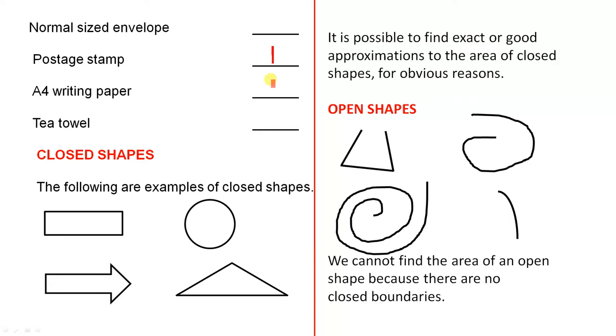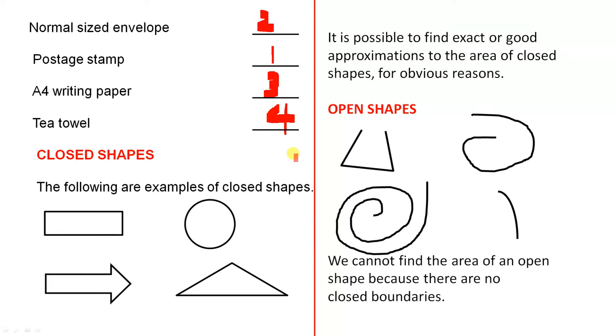So what's the next one? We've got the envelope, the writing paper, or the tea towel. I think we all know that that's the second smallest, so that's the next in line. The third one would be the A4 writing paper. And the largest area will be the tea towel.